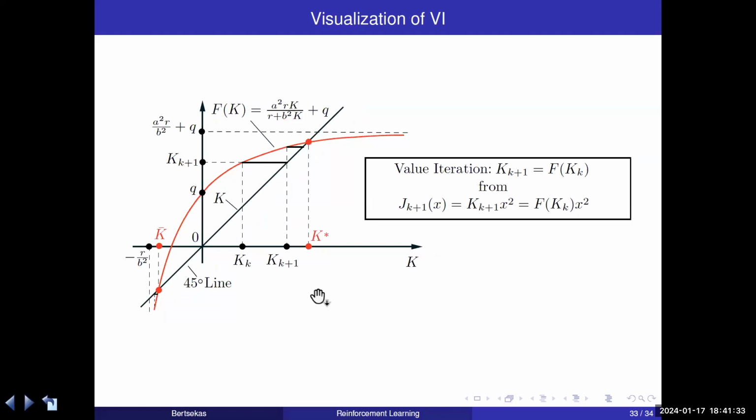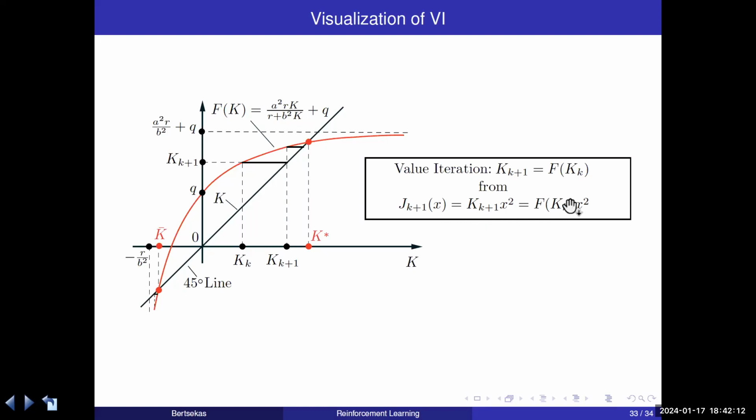So here is value iteration. How does value iteration work? It generates a sequence of cost functions. And these cost functions are the optimal costs for the finite horizon problems of k+1 steps. We have shown that they are given by this expression here, with f being this function.